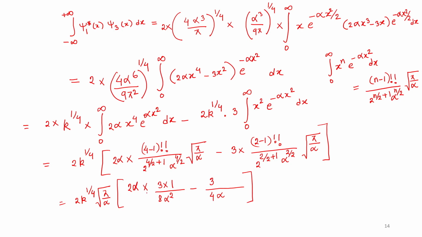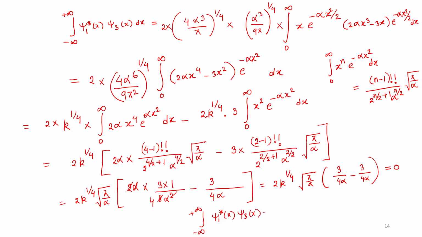So things are common, so alpha cancels, and 2 will get 4. So eventually we'll have 3 by 4 alpha minus 3 by 4 alpha, which is 0, right? So we got the integral from minus infinity to plus infinity of psi 1 x psi 3 x to be 0, that is when psi 1 and psi 3 are orthogonal.